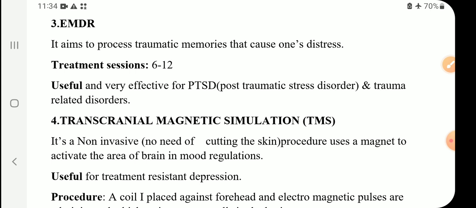If they see any of these kinds of things, they will have emotional trauma. They will have emotional trauma, and they will be under shock. They will not behave in a normal way. So for these kinds of issues, the therapist will give EMDR therapy.